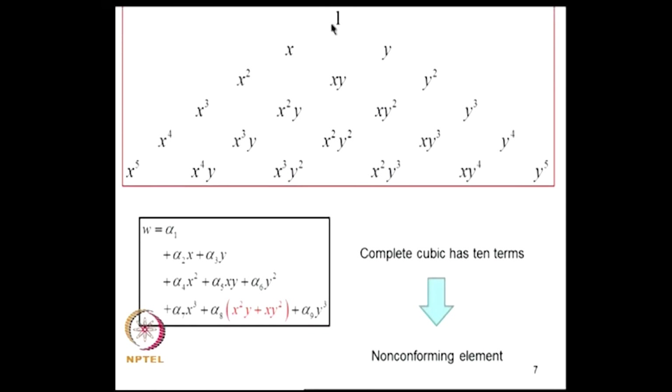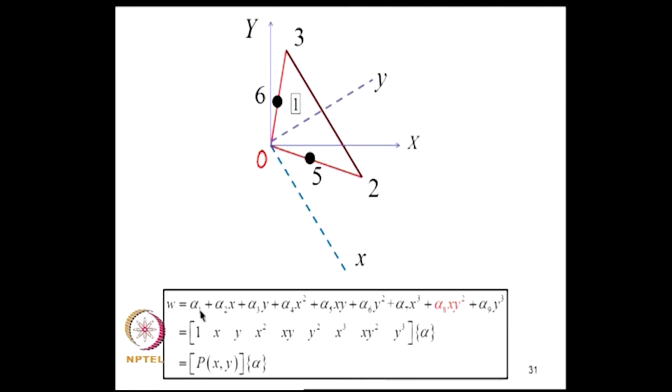So 1, 2, 3, 4, 5, 6, then 7, 8 and 9, we will eliminate; we will not include this term. Why is that done? The terms we include are 1, x, y, x square, x y, y square, x cube, x y square and y cube. The x square y term is not included. We will come to the reason for that.